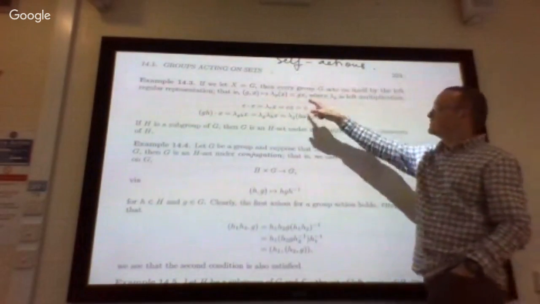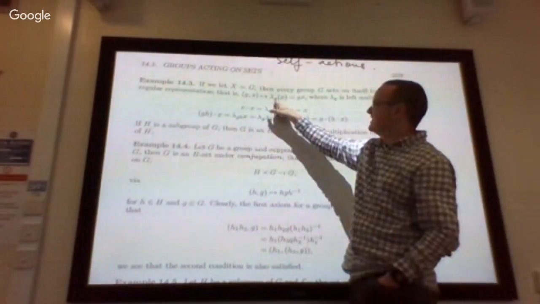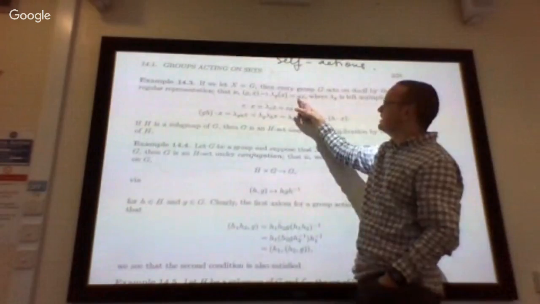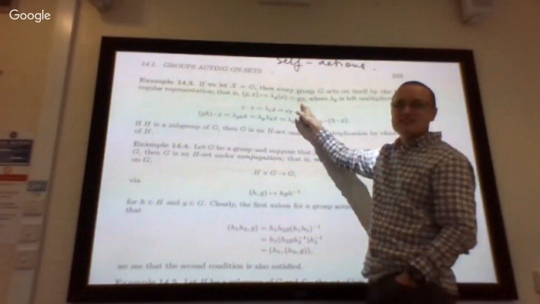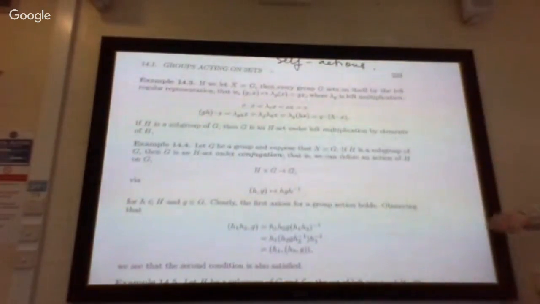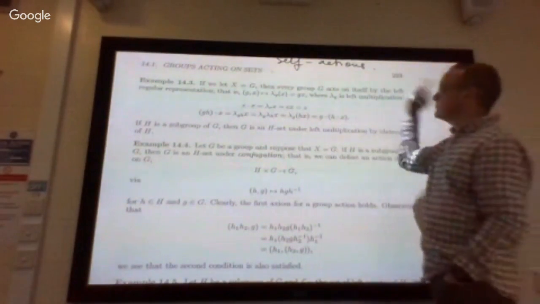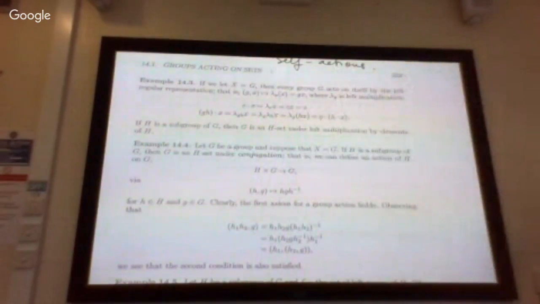Well, the obvious way is, so here he's given the notation lambda g. This is the function associated to the group element g, but it's simply the multiplication of g on the left. So you pick out a particular element little g, and that's going to move all the elements of the group around by simply multiplying the other elements on the left by the element little g.